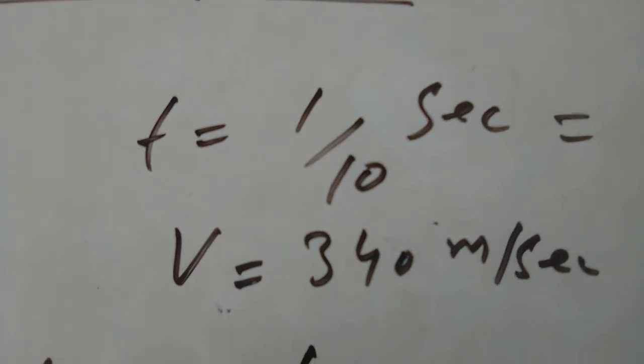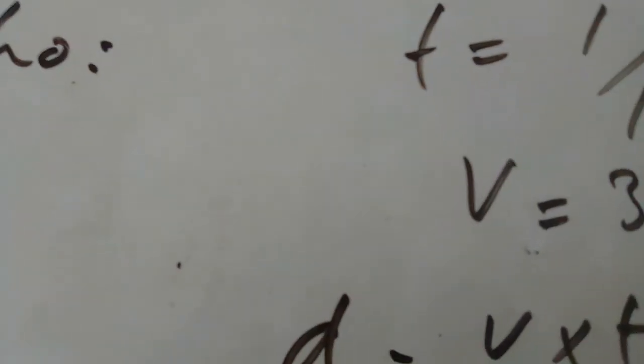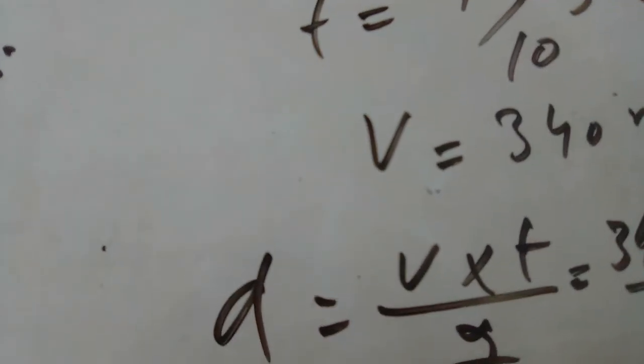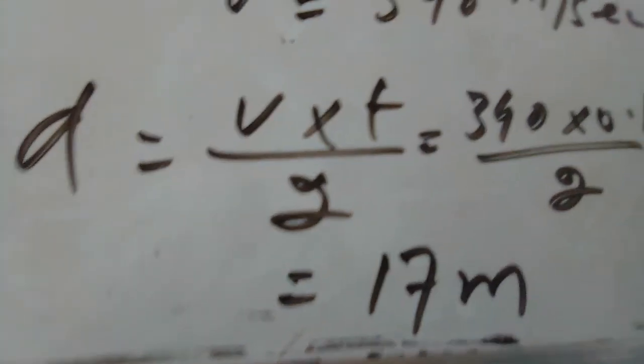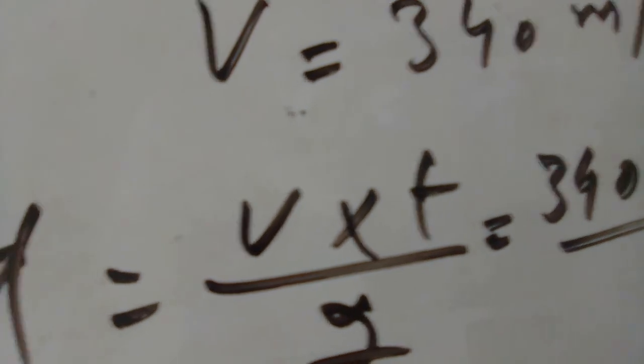So 2d is equal to v times t, which implies that d is equal to v times t divided by 2. Now putting values, 340 multiplied by 0.1 divided by 2 is equal to 17 meters. Thus 17 meters is the minimum distance required for hearing an echo.